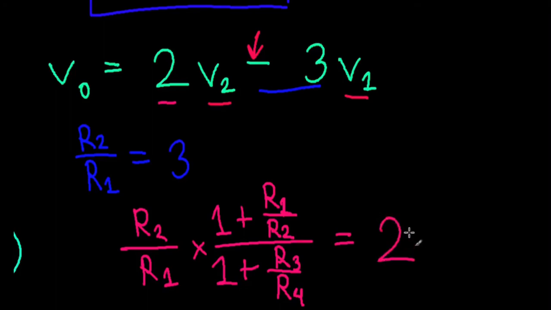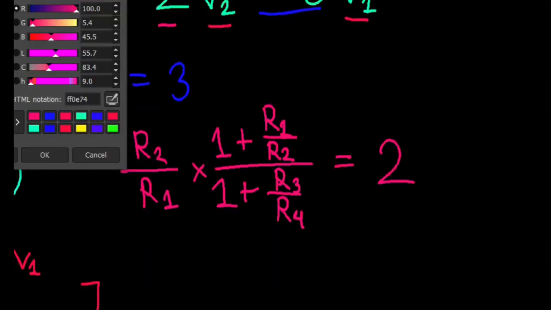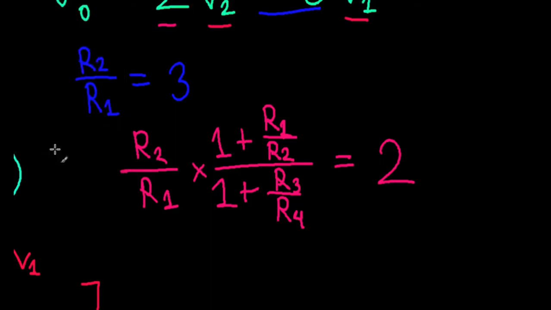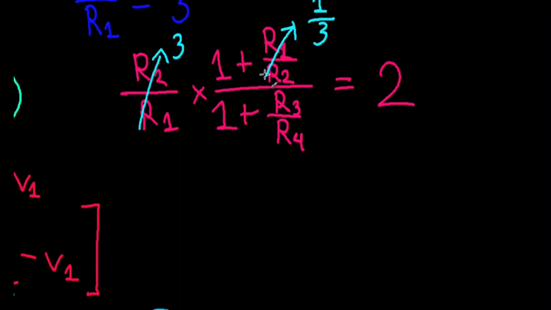All right, so here we can make some simplifications based on what we found right here. One thing is R2 by R1, this is just equal to 3. R1 by R2, it's the inverse of that, it's 1 by 3. So this boils down to 3, and we have 1 plus 1 by 3, 4 by 3, so we'll have 4 right here.